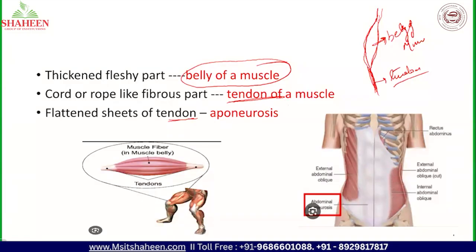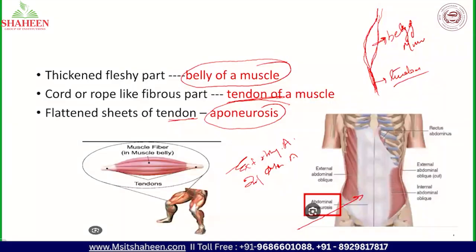Then what is meant by aponeurosis is nothing but it is tendon-like, but it is a flattened sheath of tendon. When you dissect or learn about the anterior abdominal wall, you can see instead of tendon, a lot of aponeurosis there. We can see external oblique aponeurosis, internal oblique aponeurosis.